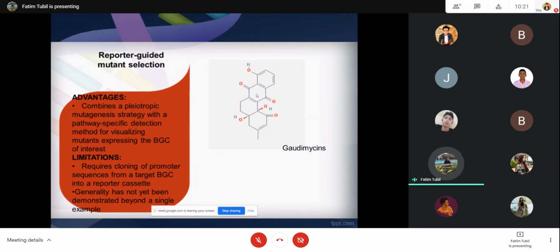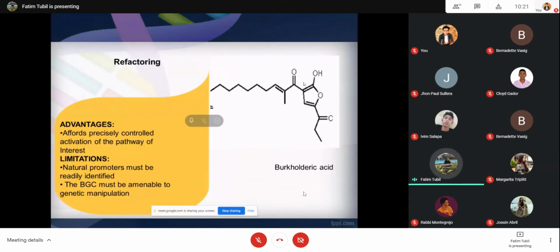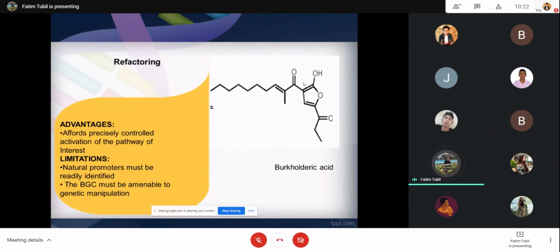This is an example of a compound being developed using the reporter guided method. Next, lastly, is refactoring. The advantage is that it affords precisely controlled activation of the pathway of interest. The limitation is that natural promoters must be readily identified and the BGC must be amenable to genetic manipulation.